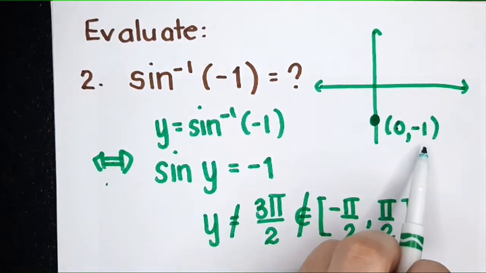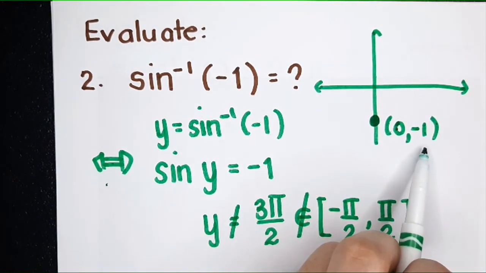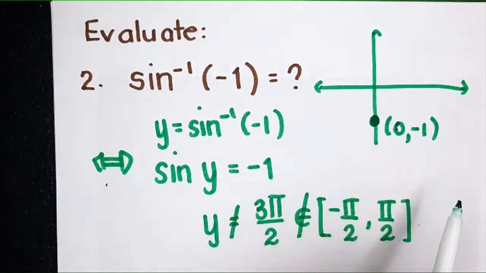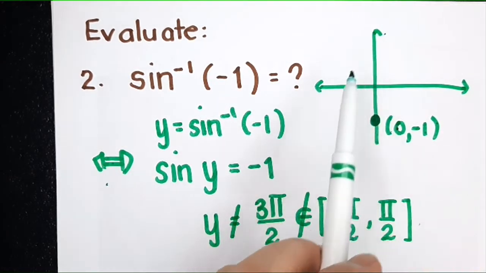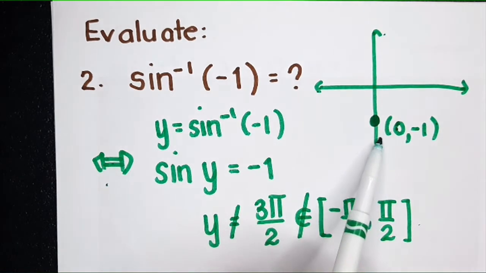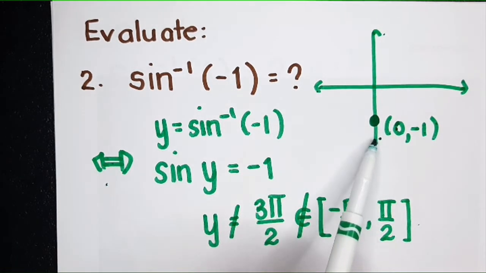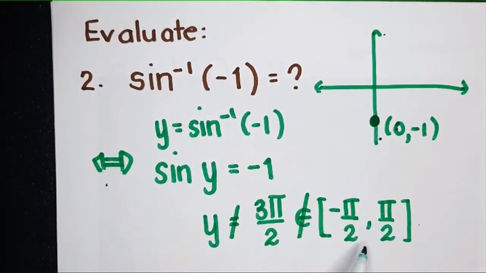Andyan yung y-coordinate na negative 1. Hindi pwede ang 3 pi over 2. Ito 0, this is pi over 2, this is pi, this is 3 pi over 2. Hindi pwede ang 3 pi over 2 because it's not inside the range of the inverse sine. It's not in negative pi over 2 to pi over 2.